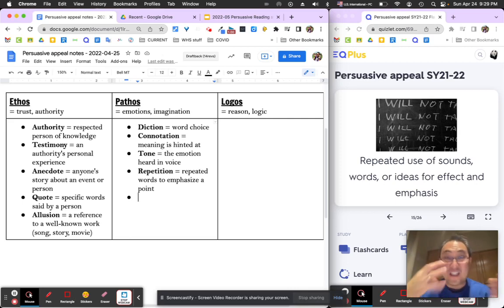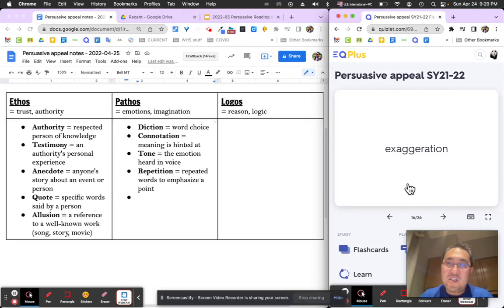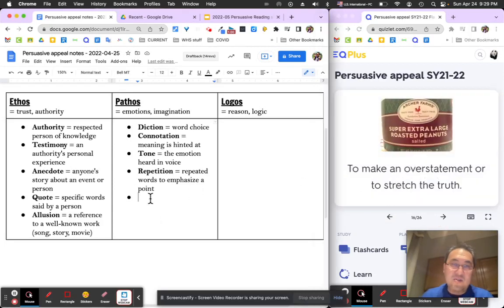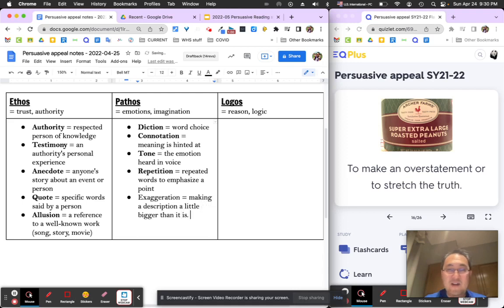No way should you have any digital device on your person. I repeated that so many times for emphasis. You get that. Then there's exaggeration and hyperbole. Exaggeration overstates the truth, making a description a little bigger than it is, stretching the truth. Versus hyperbole.